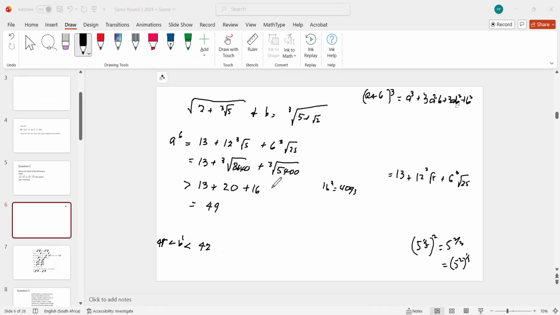If I had taken 10 here, I would have got 33 plus 10 is 43. And still, even that would have said that this number is bigger than 42 and this is less than 42. So the larger will have to be A, the square root one, is the larger.